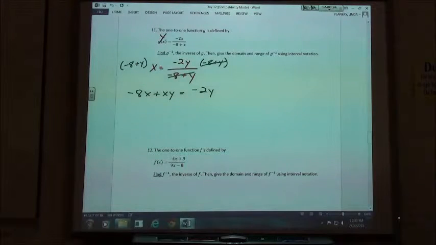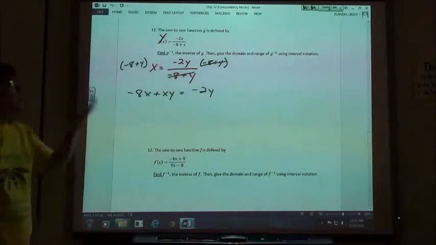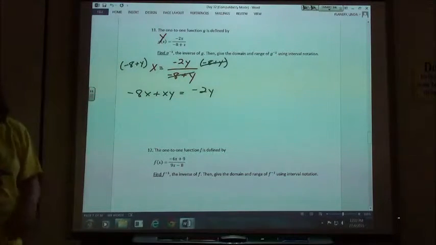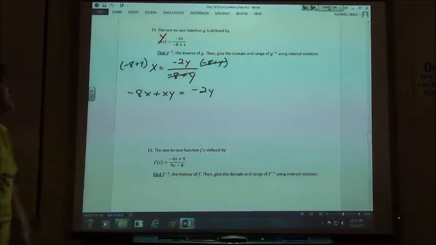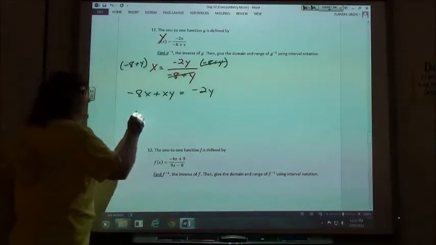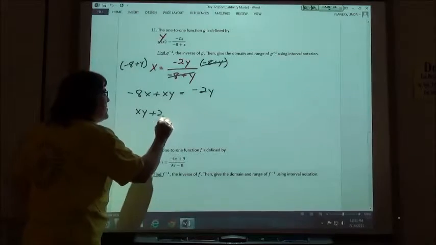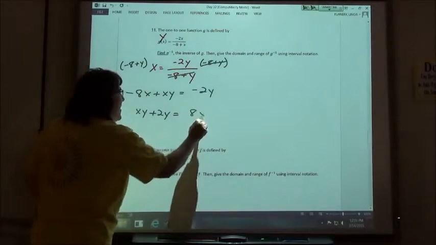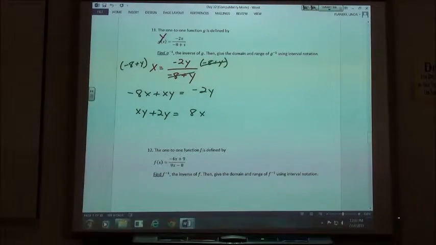I want my y's on one side, my x's on the other, so I would go ahead and move my y's to the left and my other things to the right, or whichever order you really wanted to move them. I just don't like all those negatives. So xy plus 2y would equal 8x, right? If you had all negatives on there, it'd be the same thing.